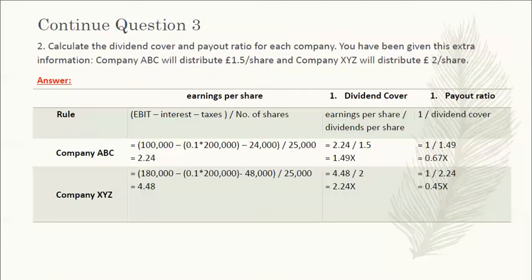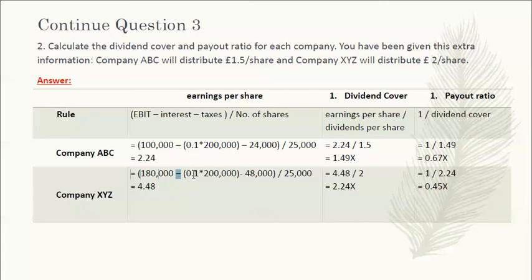So, double check: 100,000 minus 0.1 multiplied by 200,000 minus 48,000, divided by 25,000.